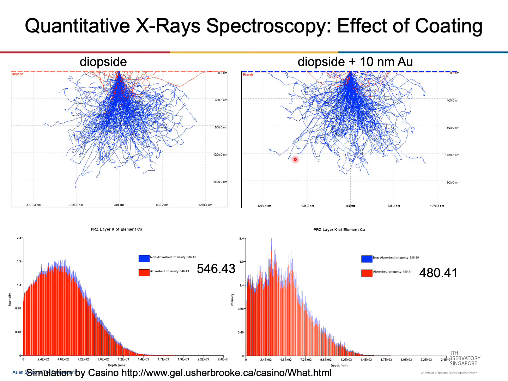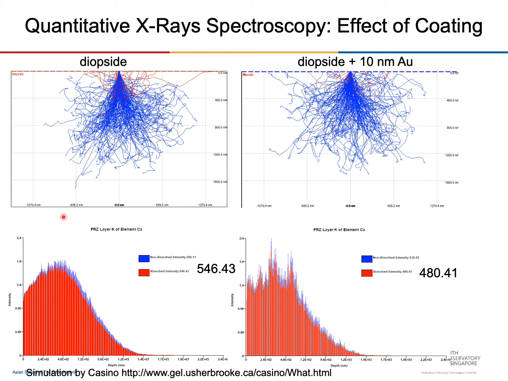The last part of the quantitative X-ray spectroscopy operation is the effect of the coating. I hope I'm not too complex on this, but in order to do the X-ray spectroscopy in the SEM, you need the sample to be conductive, and most of the mineral samples are not conductive.